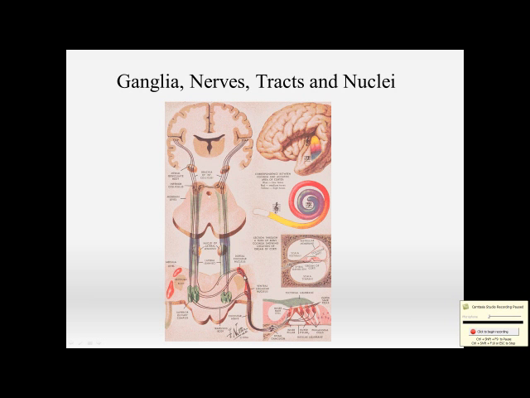So these red areas here, labeled ventral cochlear nucleus or dorsal cochlear nucleus, are collections of cell bodies in the central nervous system. We then see projections of fibers from these nuclei to other nuclei in the auditory pathway. In this case, it's the superior olivary complex.